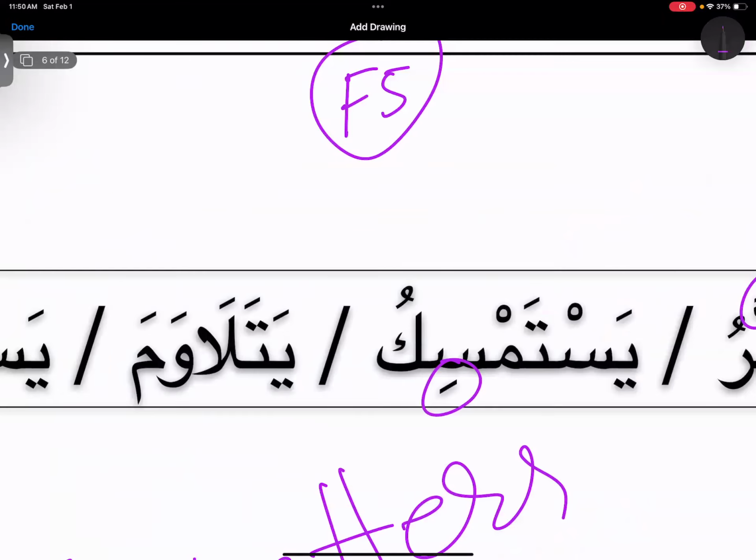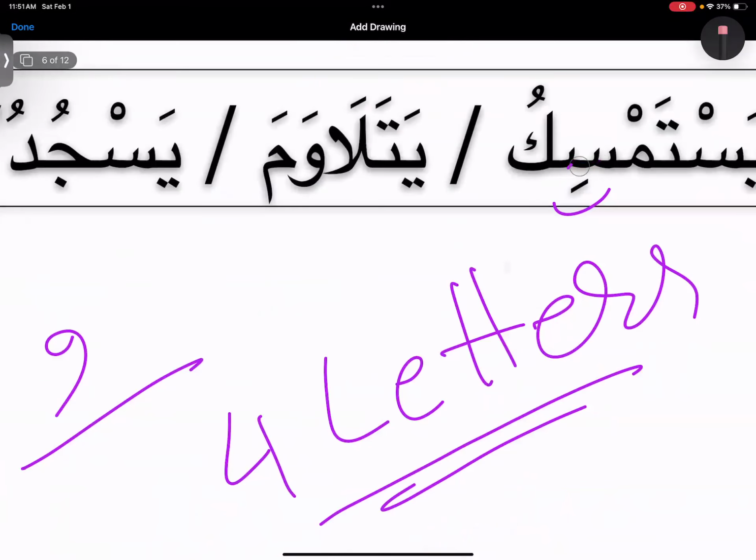Istamsaka will become yastamsiku. But it is not taking Dhamma. Why not? Because it's not 4 letters. It's not yustamsiku. It is yastamsiku. Why? Because it's more than 4. Only with 4 letters will the Mudari start with the Dhamma.